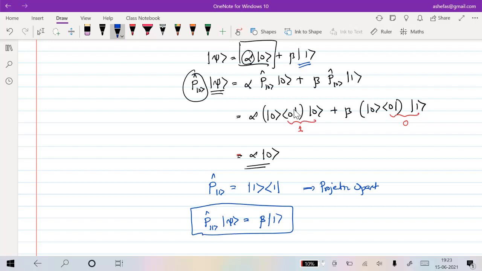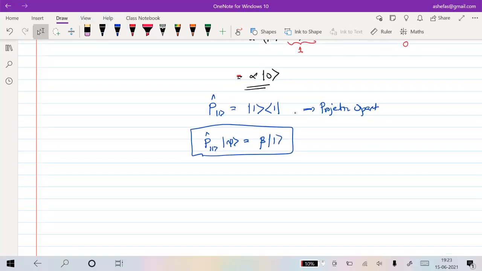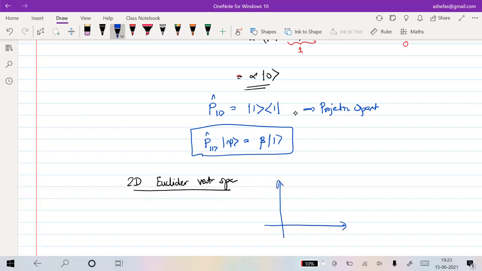If you consider a simple example of a 2-dimensional Euclidean vector space, that is, the usual vector space, we'll have 2 axes, x and y.